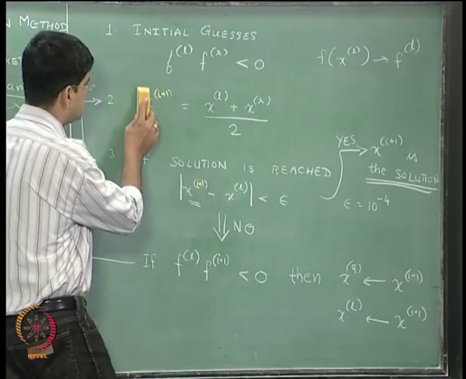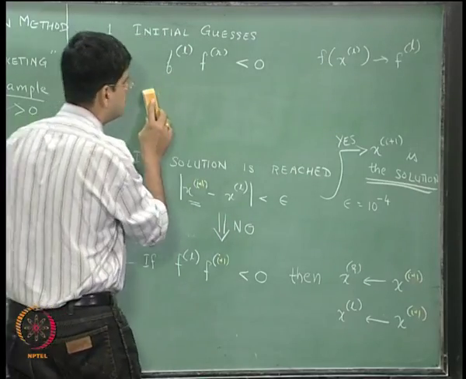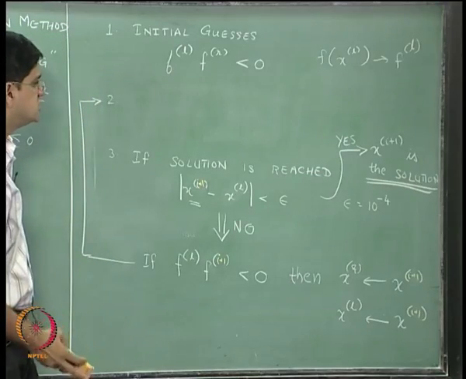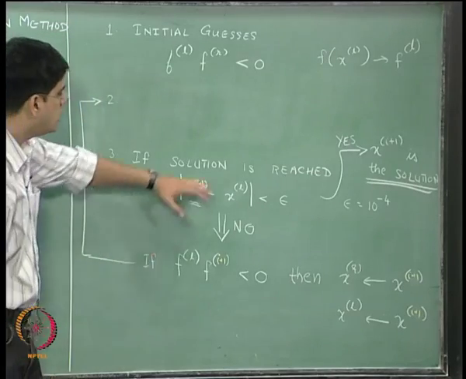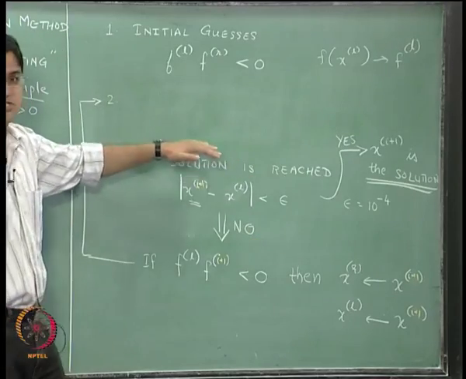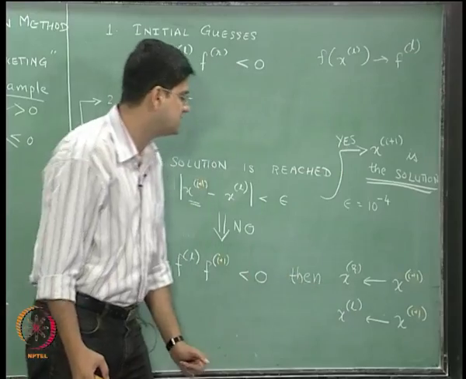But in the regula falsi method, this particular method changes, and how that changes we will look at in the graphical representation of regula falsi, and then we will go on. The third part, the next part remains the same. If the solution is reached, we stop, we will take x_{i+1} as the solution.